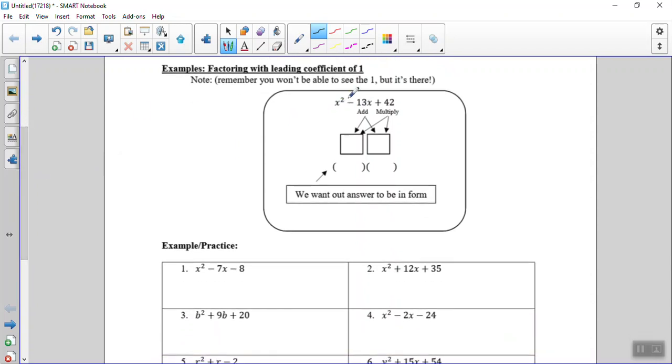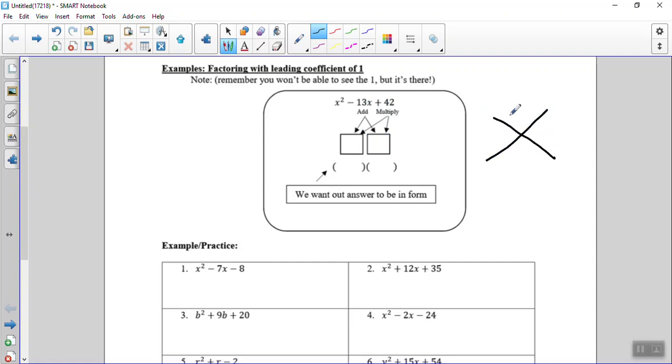So we have x squared minus 13x plus 42. We want to try to get two numbers here that when I multiply these two numbers together, I get 42, but then when I add the same two numbers together, I get negative 13. This is the way that I like to do it.